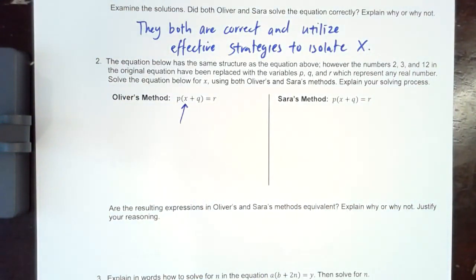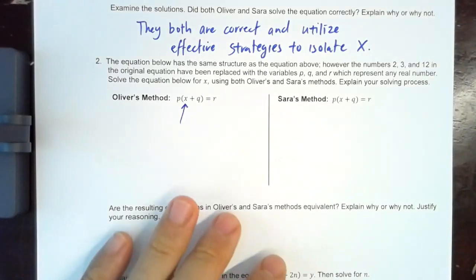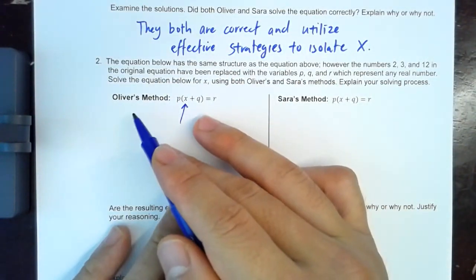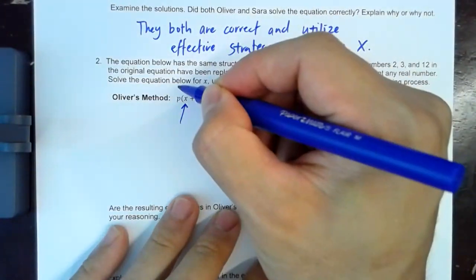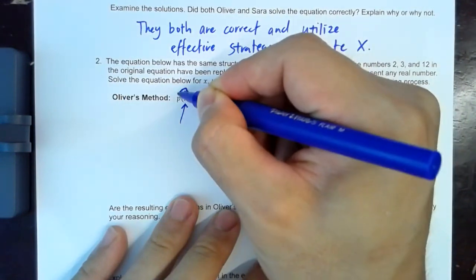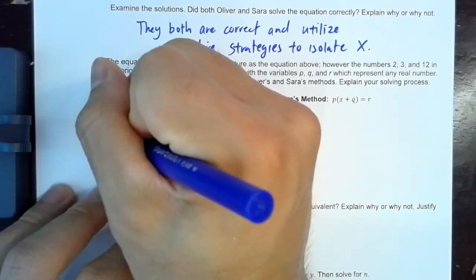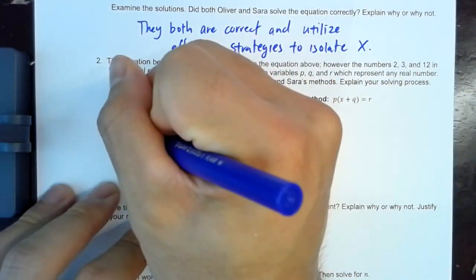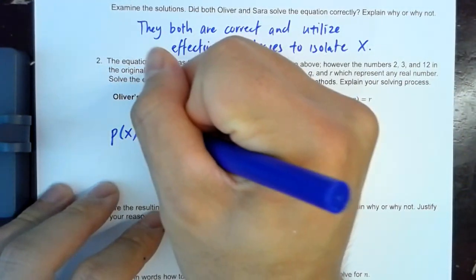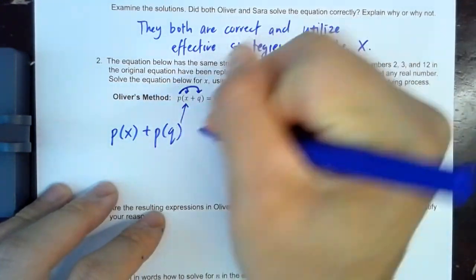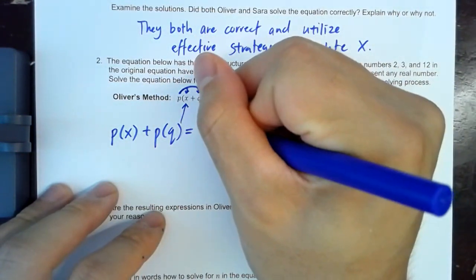I know it's not as simple to think about because you're so used to calculating with numbers. If I wanted to use Oliver's method, which is to distribute, I would do p times x plus p times q is equal to r.